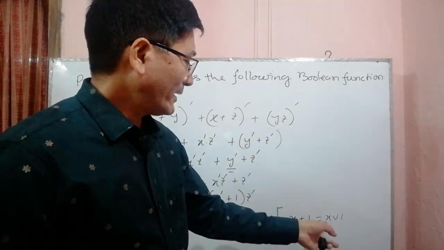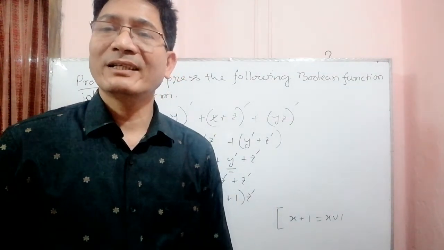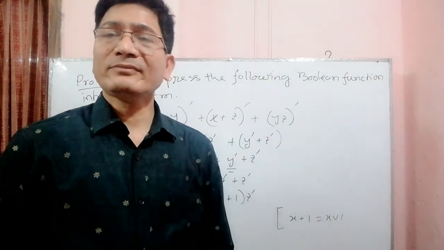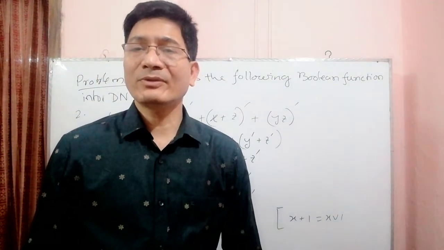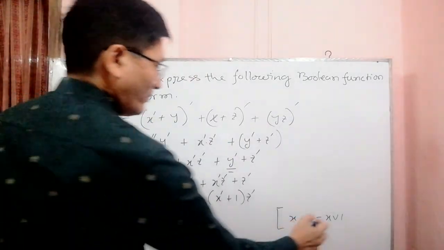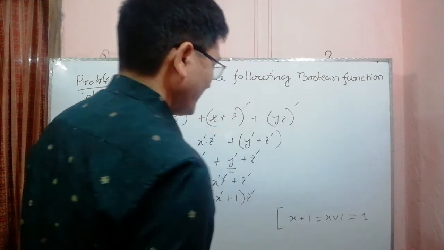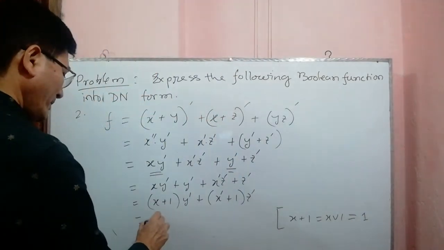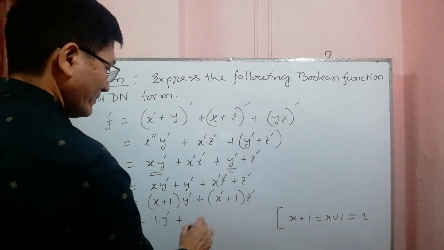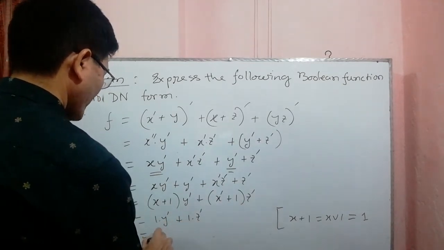That means x join 1 will produce 1 because 1 is the greatest element. And if we take x meet 1, it will produce x only. So it will produce 1 and y prime, and likewise 1 and z prime.